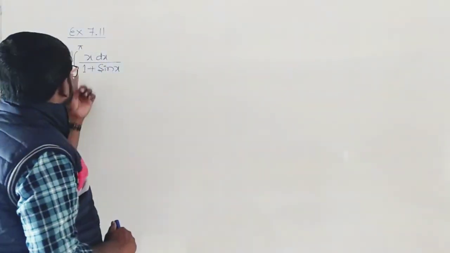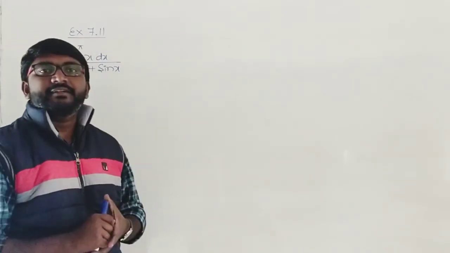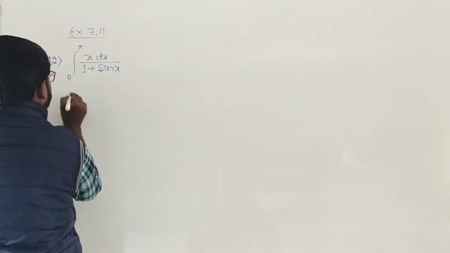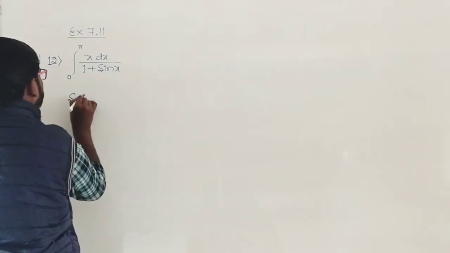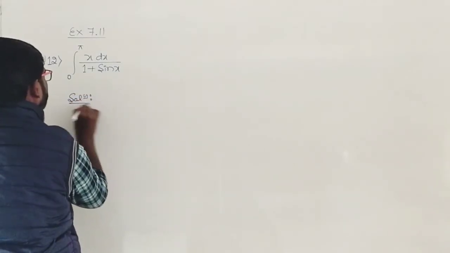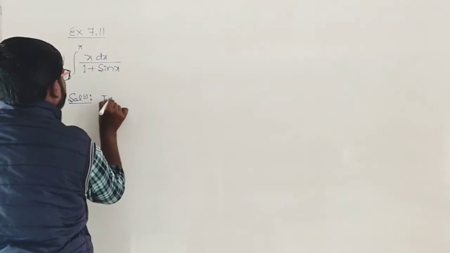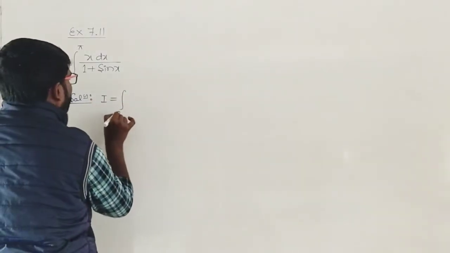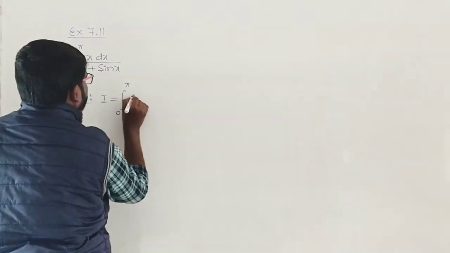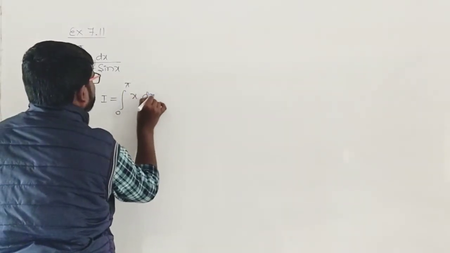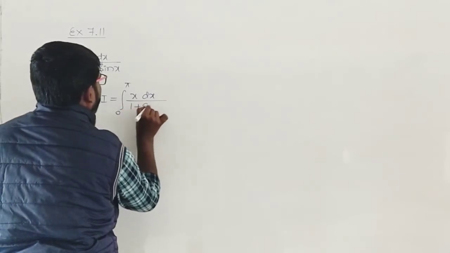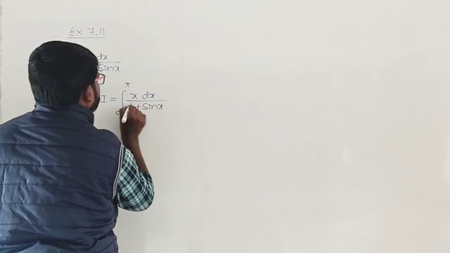Well, the 12th question, it is integral 0 to pi x dx divided by 1 plus sin x. So take this as I, which is equal to integral 0 to pi x dx divided by 1 plus sin x.